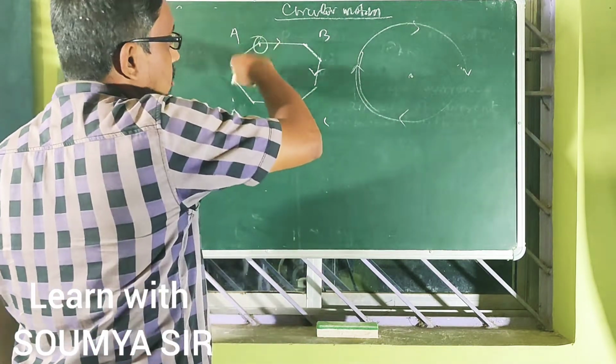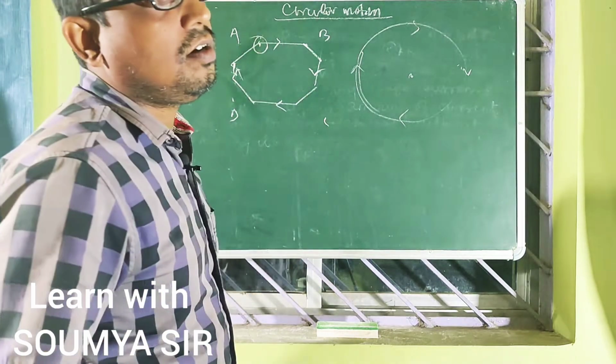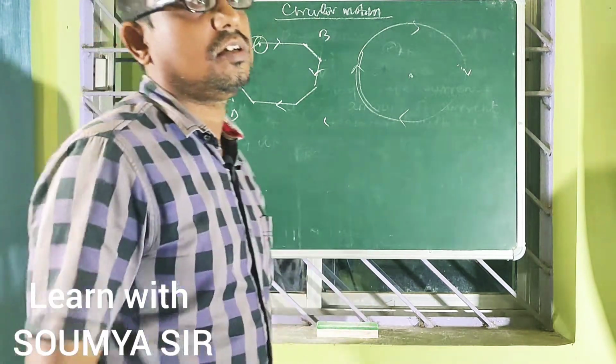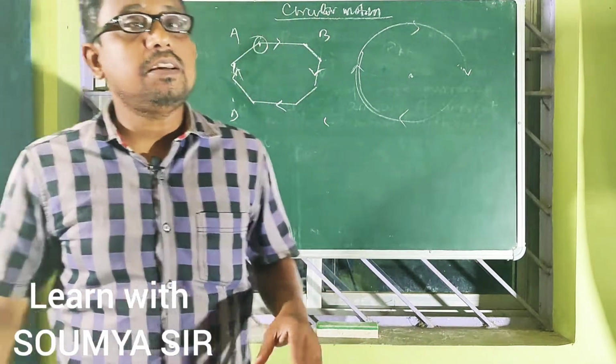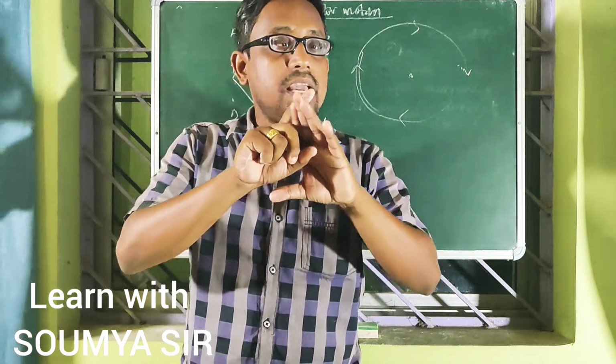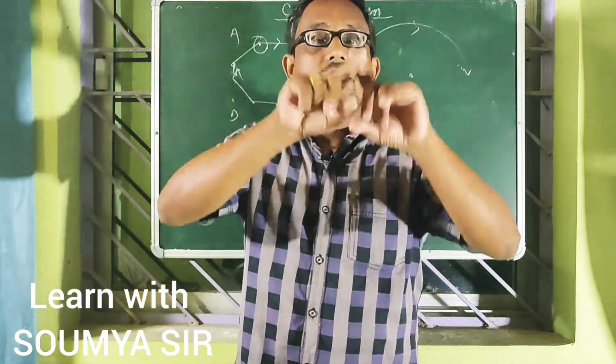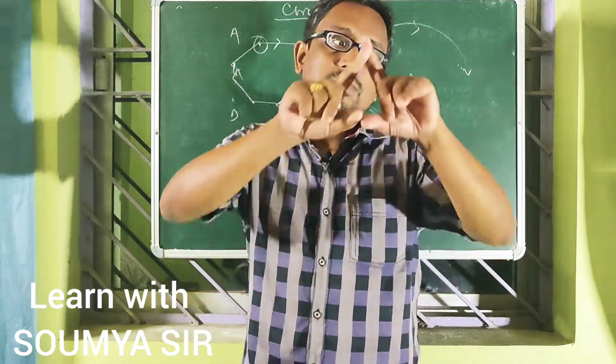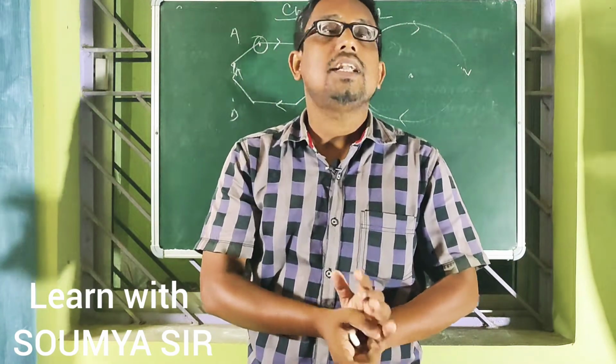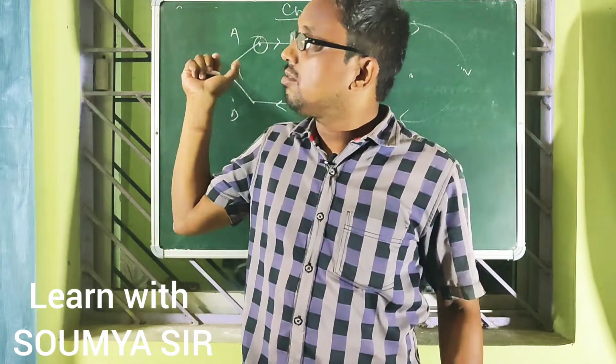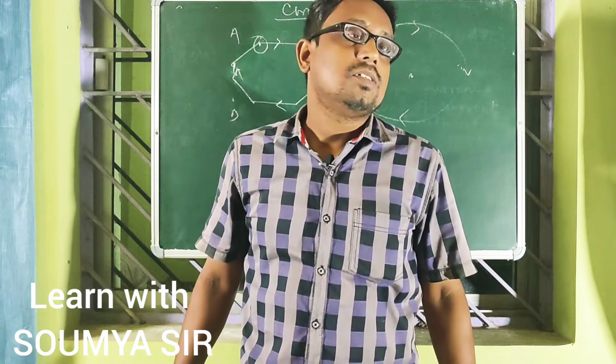Again I will cut and make the edges shorter. Like that, when we make the edges too short, the path of the body will be circular, and the motion of the body in that circular path will be called circular motion.